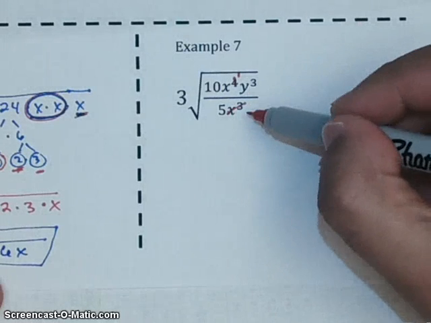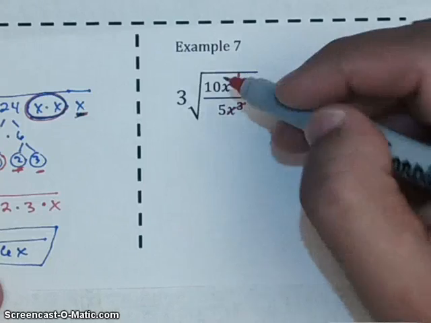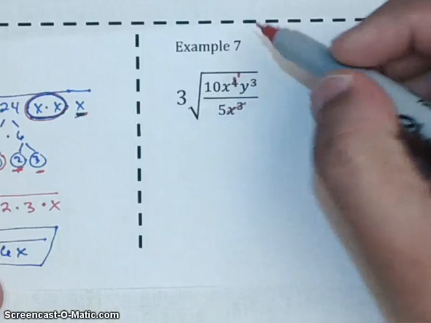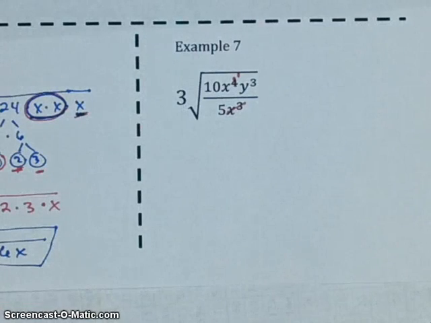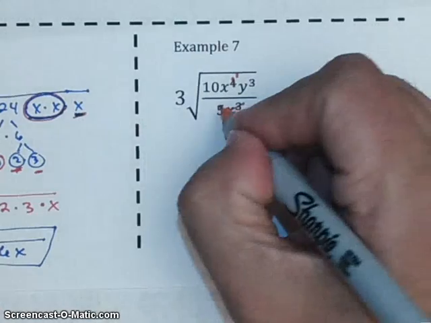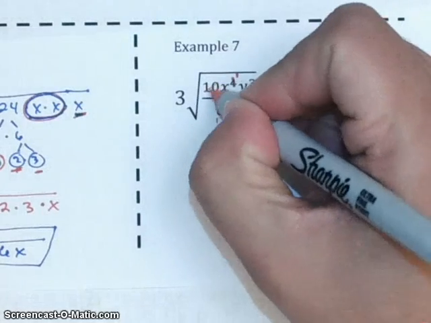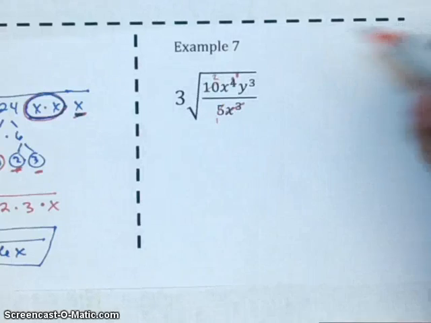Y to the third power, there are no y's in the denominator, so that's going to stay. Now the 10 and 5, that's going to factor out as well. So I can factor out a 5, that's going to leave me 1 there. If I factor out 5, 10 divided by 5 is going to give me 2.